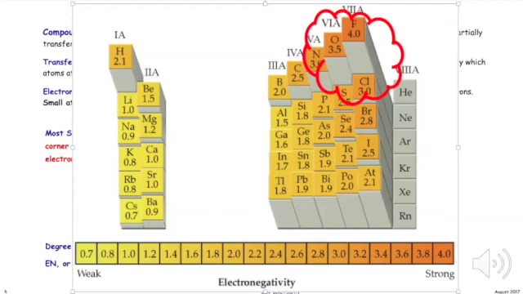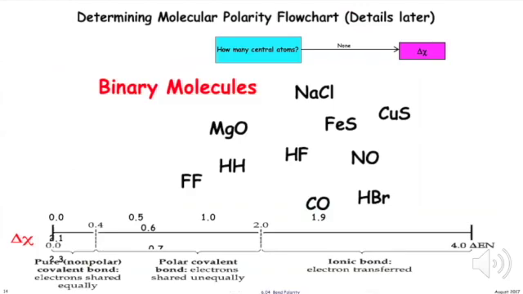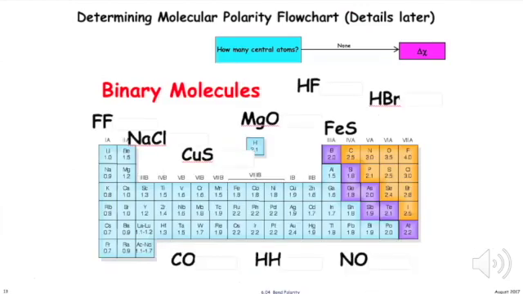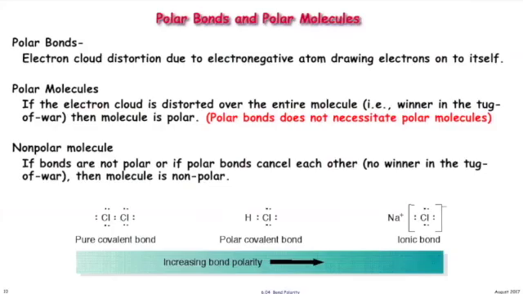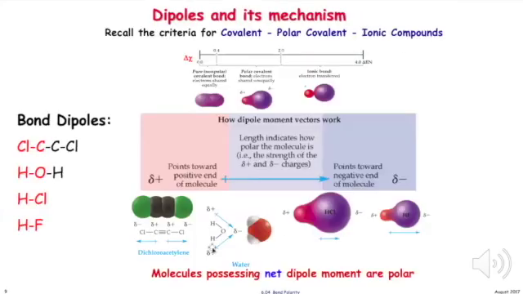So that's the first thing you need to do in order to figure out whether a chemical is polar or non-polar. For binary compounds, look at the difference in electronegativity, and that's what you see right here. When the difference in electronegativity is between 0 and 0.4, then it's somewhat covalent. When it's 0.4 to 2.0, then we say it's polar covalent.